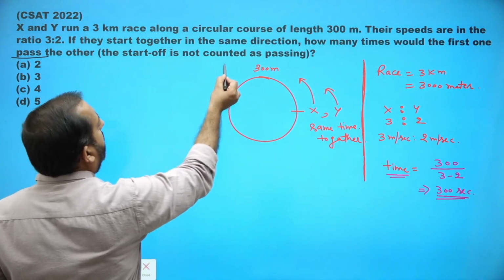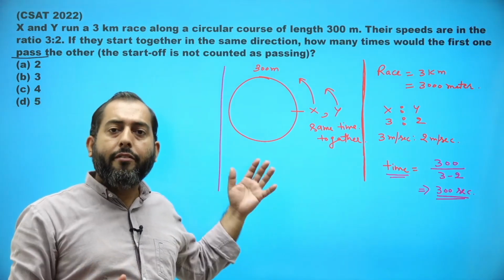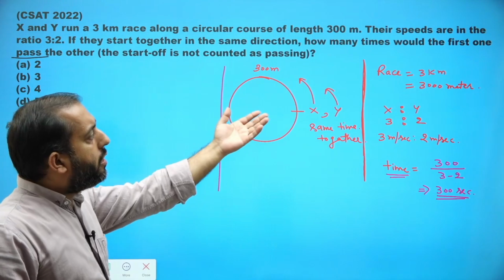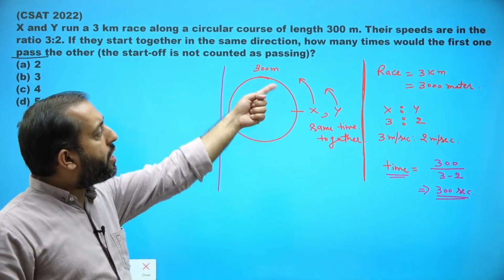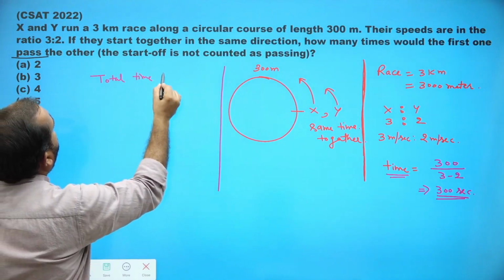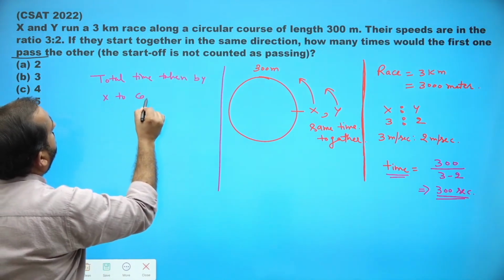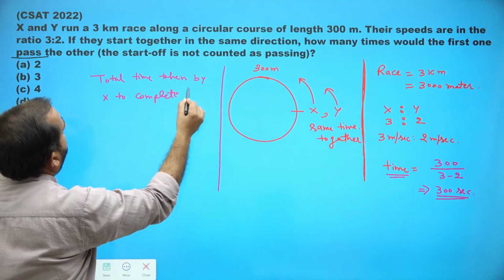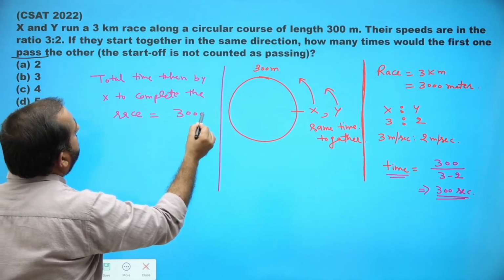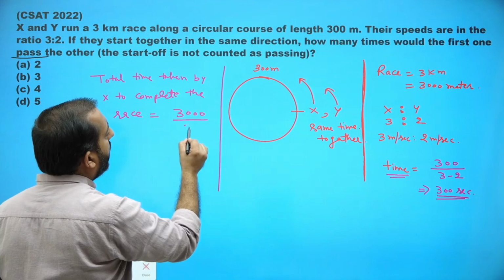Now obviously X is the fast runner, so definitely he will complete the race first. So let's check in how many minutes this person X will cover the race. So the total time taken by X to complete the race: the total length of the race is 3000 meter, and the speed of X is 3.